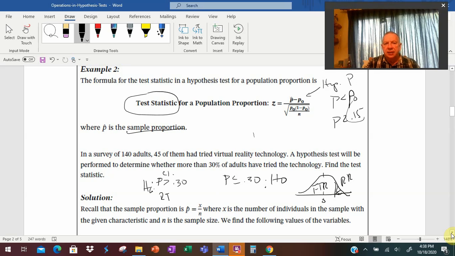My p-hat, that's just X over N. Sample size, 140 adults in a survey, sample size 140. 45 of them had tried virtual reality technology.